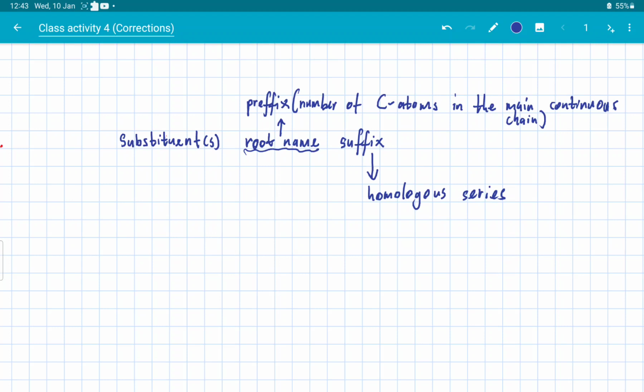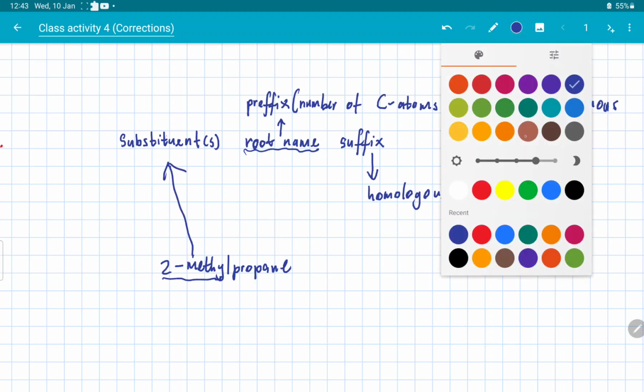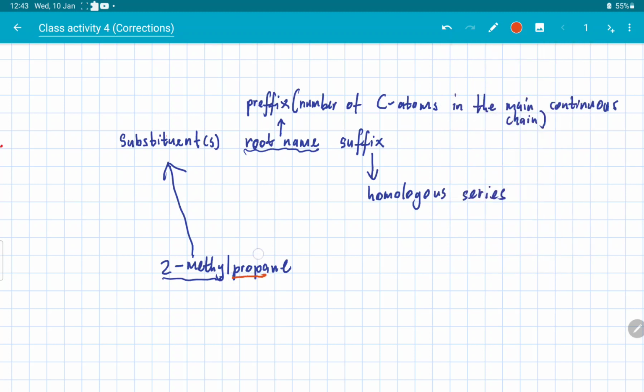Let me just make an example. I'm not going to draw this. Say, for example, 2-methylpropane. This part is the substituent, this part, prop, is your root name, and this part is the suffix.